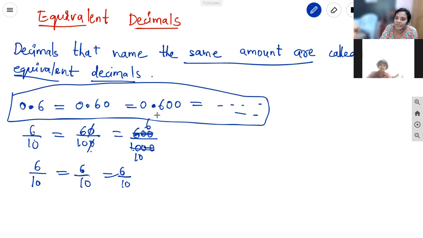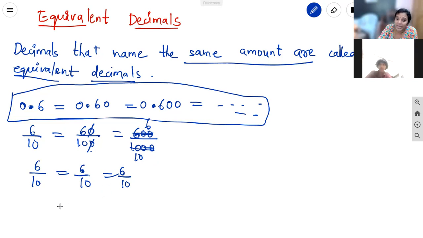These are equivalent decimals. Why? Because we can convert the decimals with two digits or three digits after the point into fraction form and then into the simplest form. You get the same number. Such decimals are called equivalent decimals.